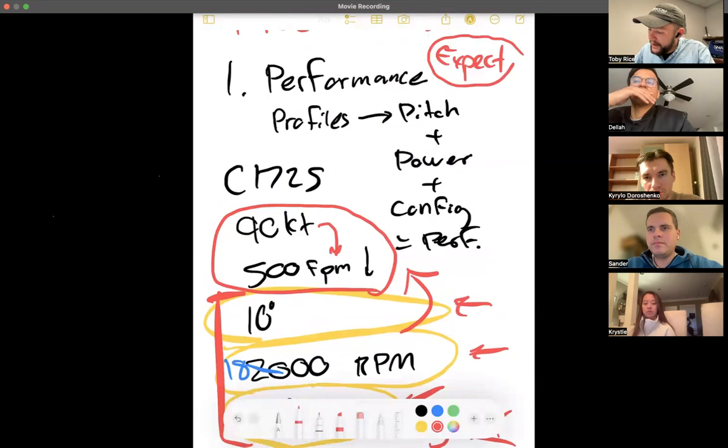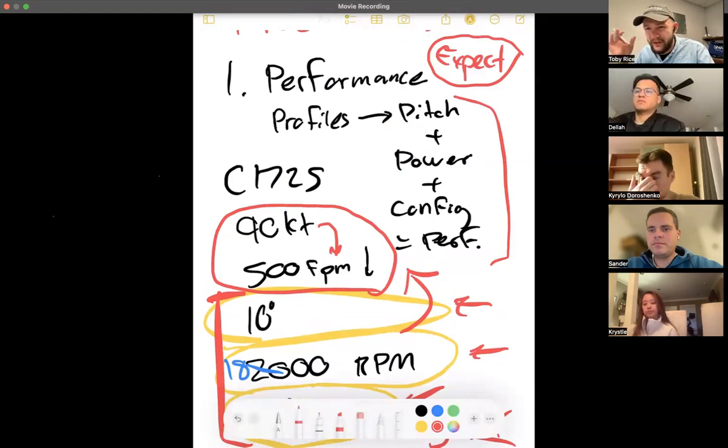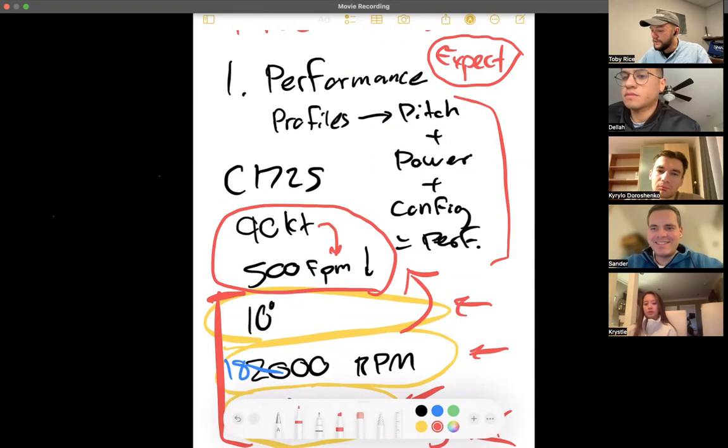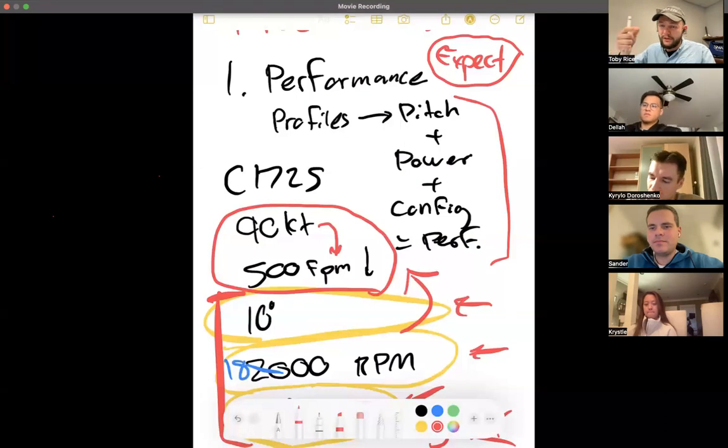I highly recommend everyone goes out and calculates their own performance numbers. I know what these are for almost every airplane that I fly within a certain margin. So that's the first tip, is to know these numbers, because when you're on the glide slope, all you have to do is set your pitch, reduce your power, and make sure you're configured correctly, and the airplane will automatically level out nicely on the glide path.